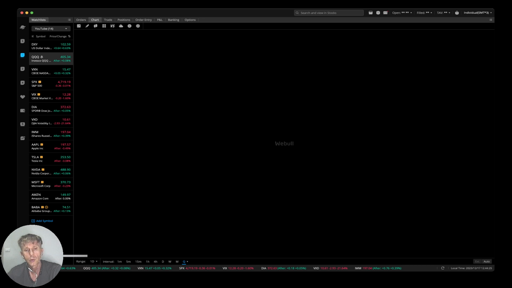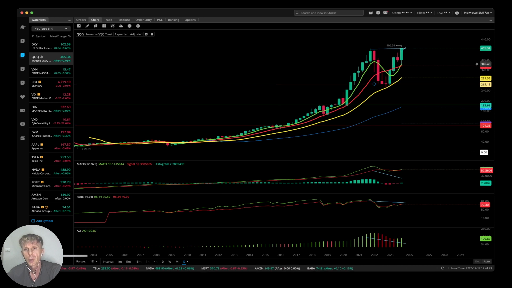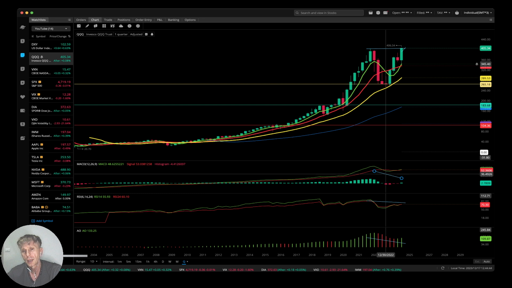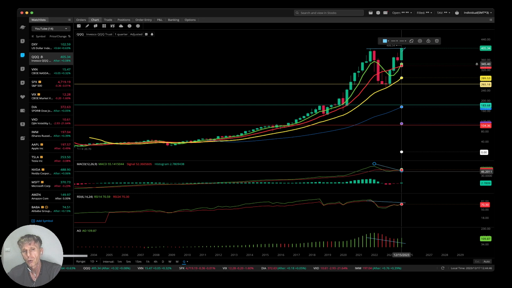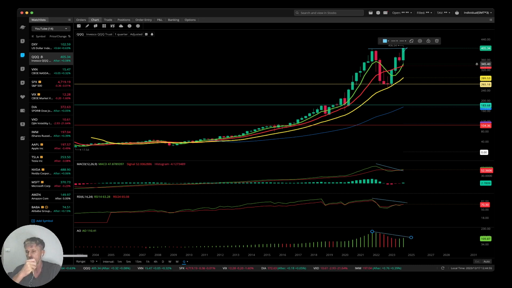Now let's move to Qs. Let's start with Qs quarterly. You see it did double top. It touched the previous level, previous top, and it created what? It created bearish divergence on the MACD, bearish divergence on RSI, and bearish divergence on awesome oscillator.